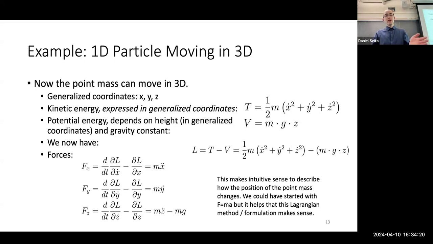The generalized coordinates in this example are just going to be the x, y, and z position of the particle, because that makes the most sense for these types of systems. So what's the kinetic energy of the particle?